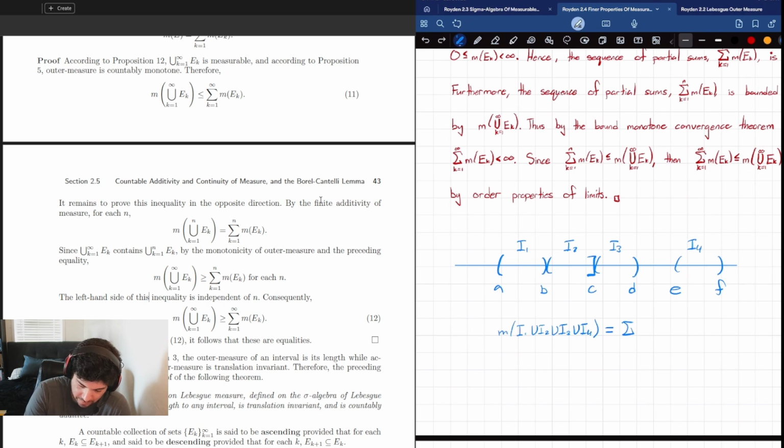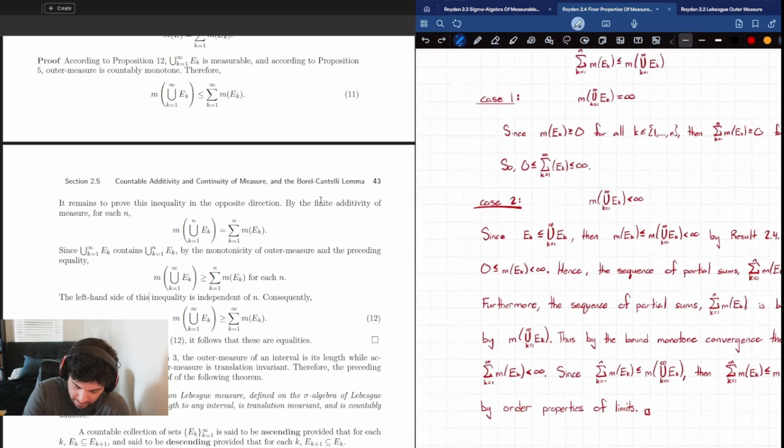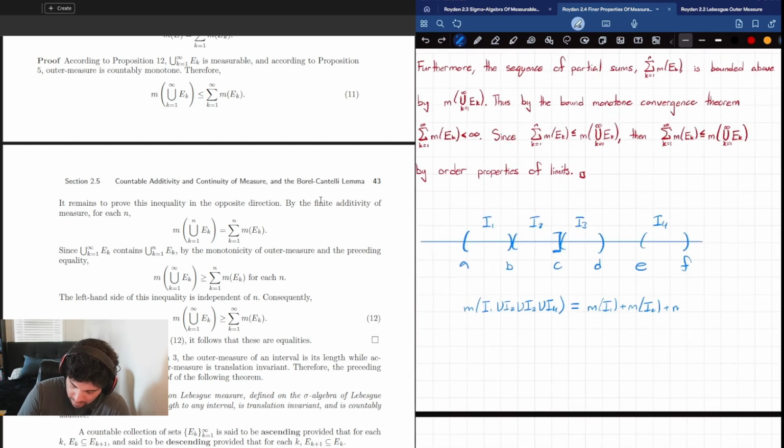So the measure of I1 plus the measure of I2 plus the measure of I3 plus the measure of I4. And in this case, the measures of these are basically the length of the interval. So it's B minus A, C minus B, D minus C, and F minus E.